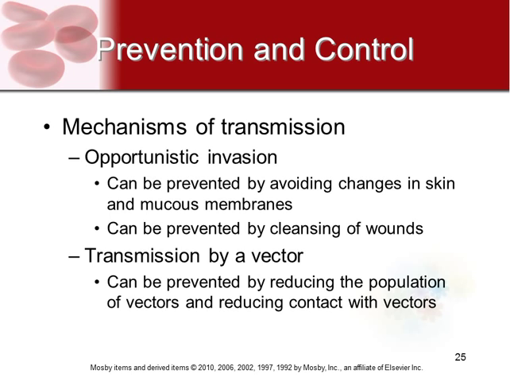And this is normally prevented by reducing the population of the vectors or reducing your contact with the vectors. Like if you put out bug traps to decrease the amount of bugs outside, and then when you go outside, you wear bug spray. So you've decreased the population with the bug traps, and you reduce your contact with it by putting bug spray on yourself.